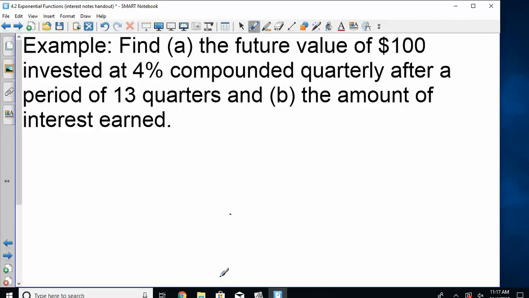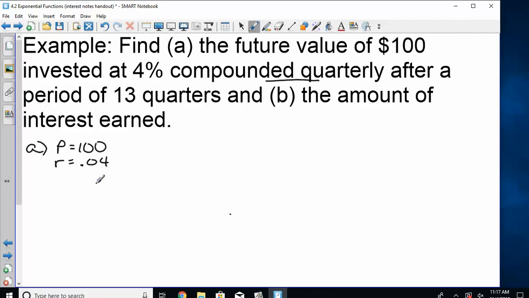On the first example, I want the future value of $100 invested at 4%, compounded quarterly, after a period of 13 quarters. Let's stop right there. What does the 100 represent? That is your P. It's what you have right now. 4% means my R is 0.04.